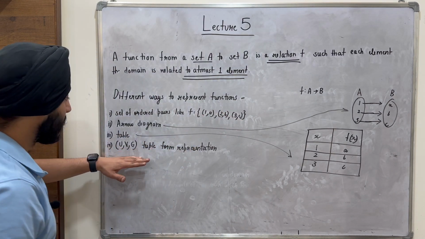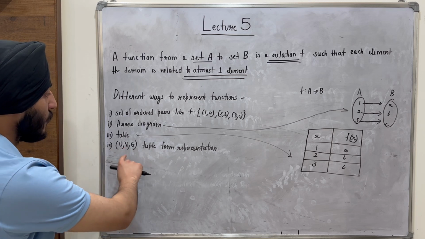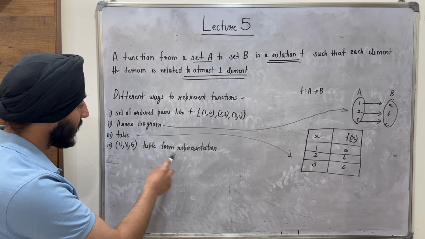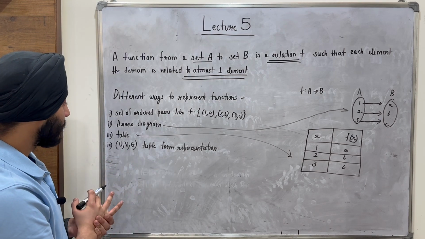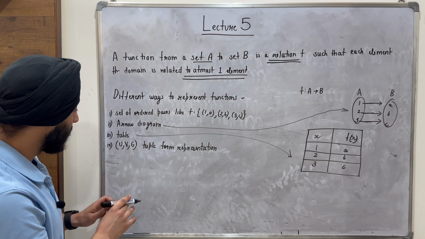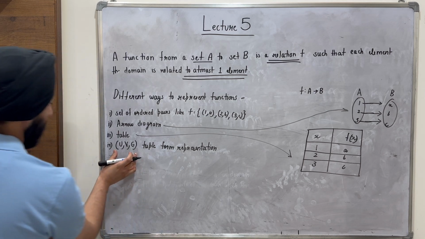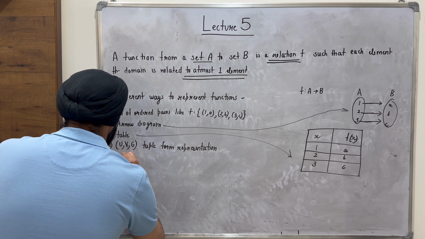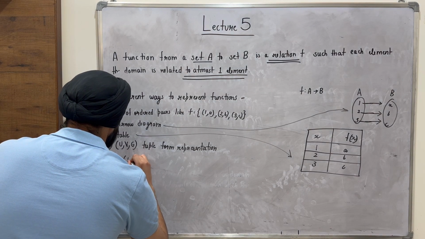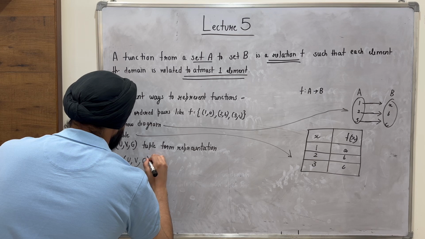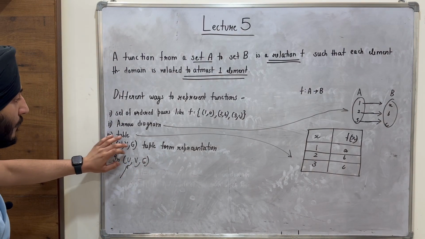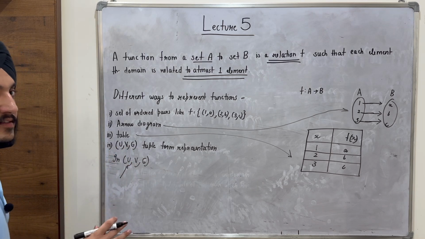Now let's try to finally understand the last definition, which is the UVG tuple representation. This is the representation that I covered in my university, right? So this is a very simple definition once again. Basically, in UVG, these 3 are basically the sets.